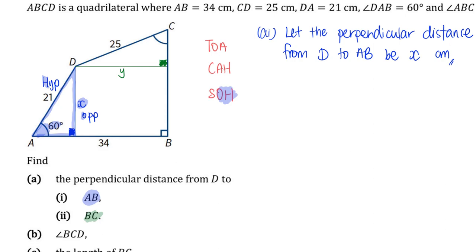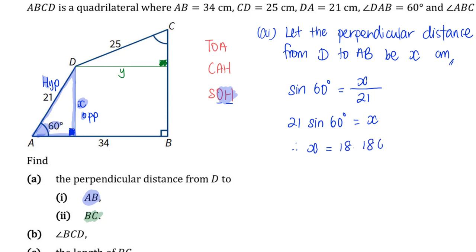Yes, my sine ratio. Sine 60 degree then will be equals to my opposite, which is my X, divided by my hypo, which is 21. So I'm going to multiply 21 on both sides in order for me to get the value of X. And in this case, my X will be equals to 18.1865 to about 6 significant figures, followed by 3 significant figures for the answer.